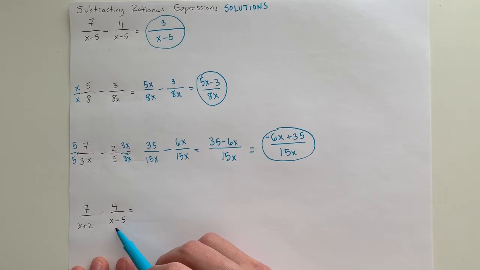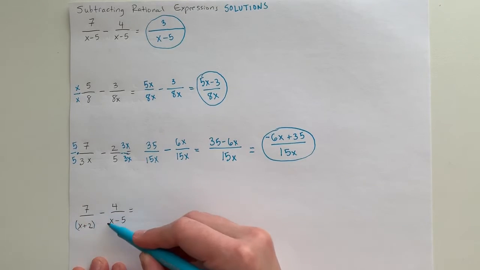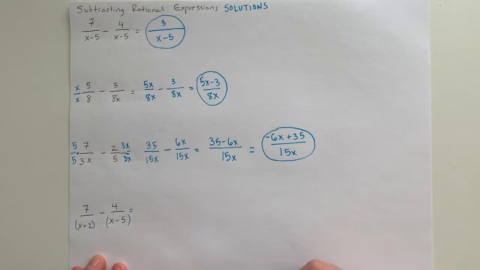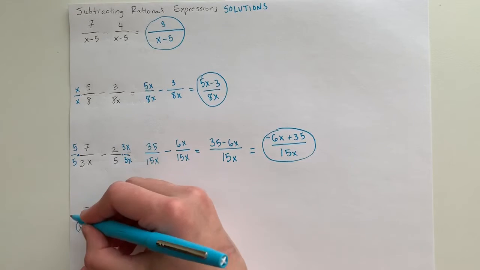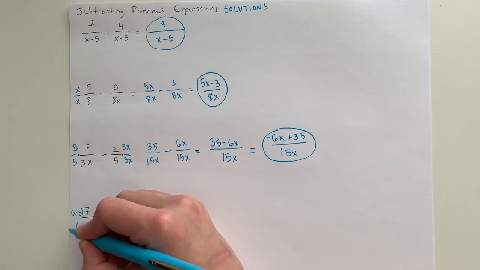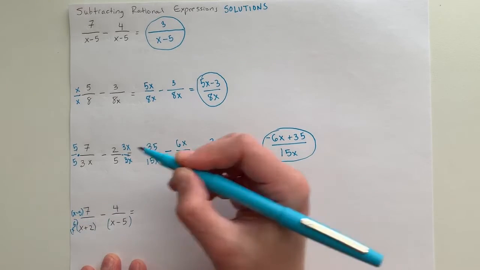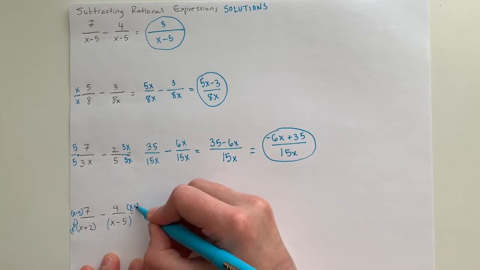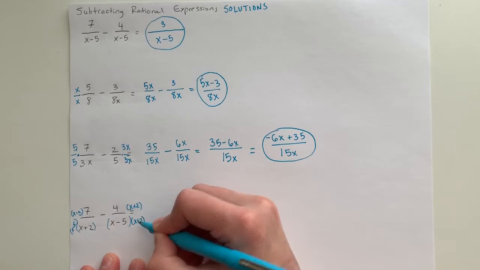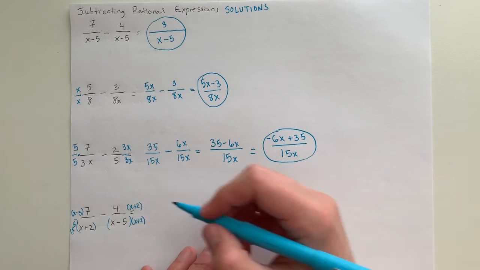All right, and then here, remember I've got these quantities that I need to also replicate in the other fraction to create my least common multiple. So I need an x minus 5 over here, and I need an x plus 2 over here.